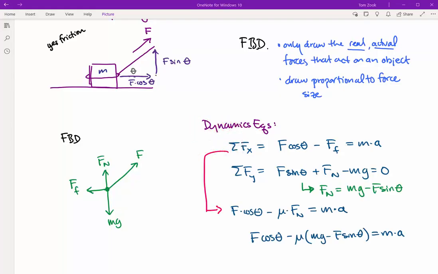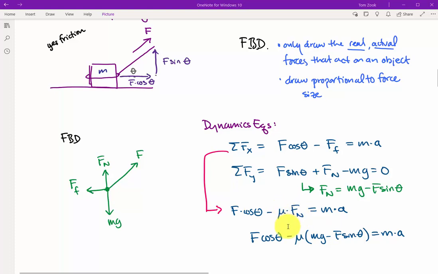All right, now a bunch has changed since I paused it there. So I solved the y equation for normal force, because I know that in my friction equation I need to know what the normal force is if I'm going to do any sort of work here. So I'm going to substitute that in for the F normal in the friction component of this equation.